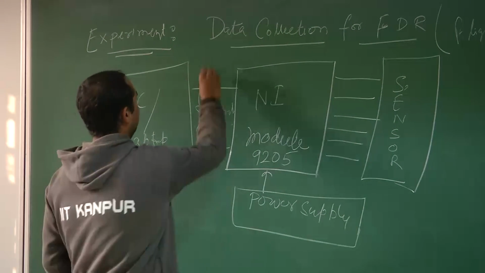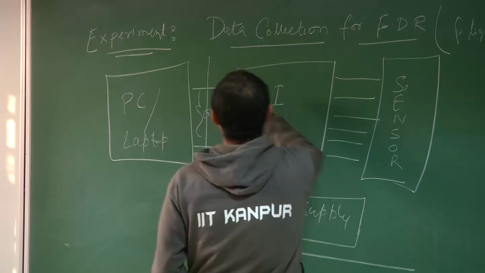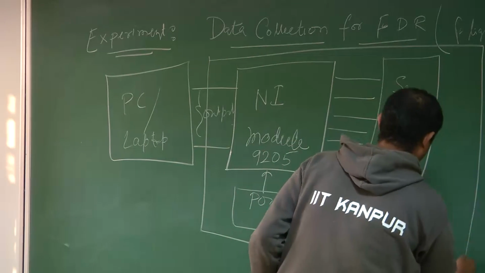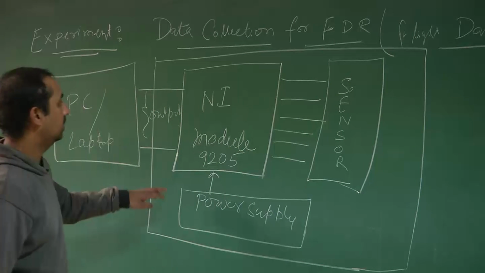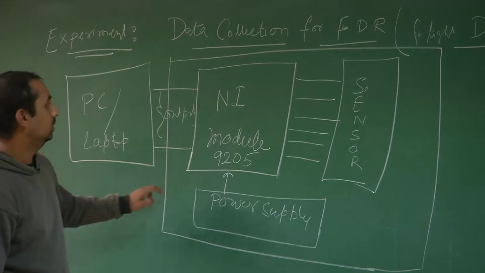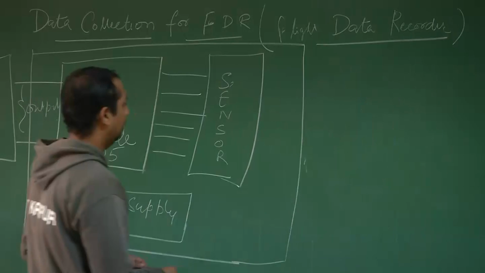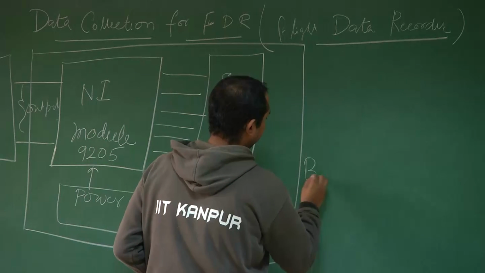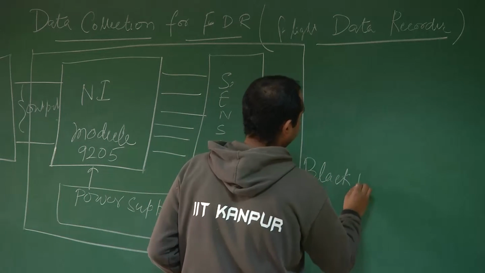And this whole part is known as your flight data recorder. The output will be displayed on your laptop, or simply you can call this a black box.